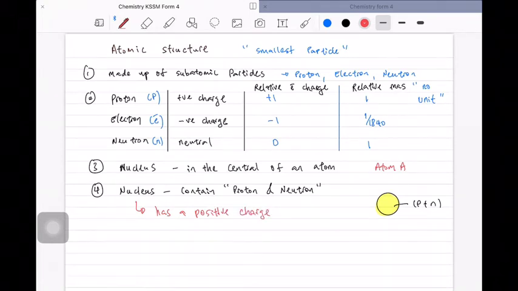Alright, why? Because it contains proton and neutron, and proton is positive charge, neutron is neutral. So overall it is a positive charge. At the same time, most of the mass is concentrated in the nucleus.